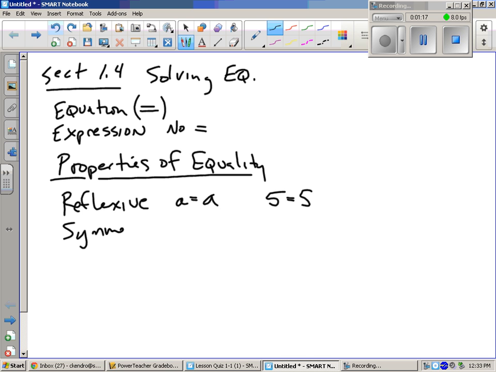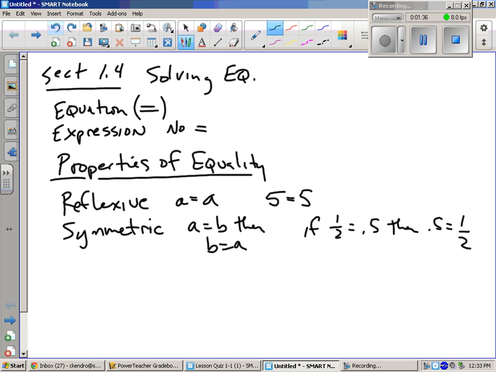There's also symmetric. If something's symmetrical, it's like equal on both sides. So if A equals B, then B equals A. So if 1/2 equals 0.5, then 0.5 equals 1/2, forward and backwards.